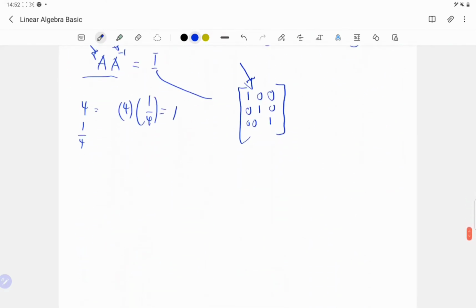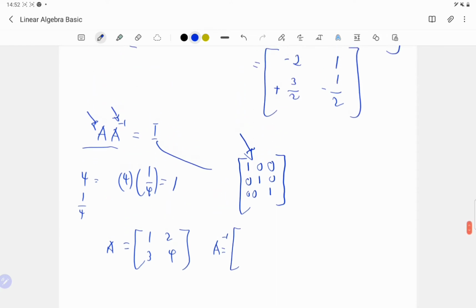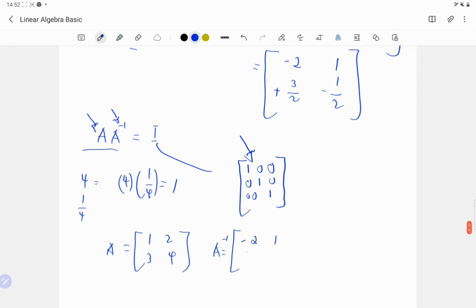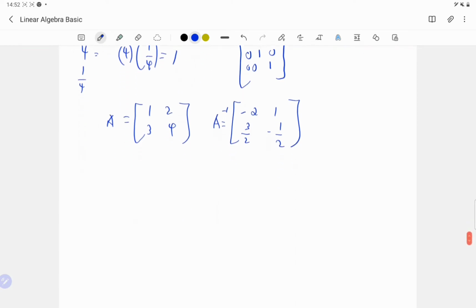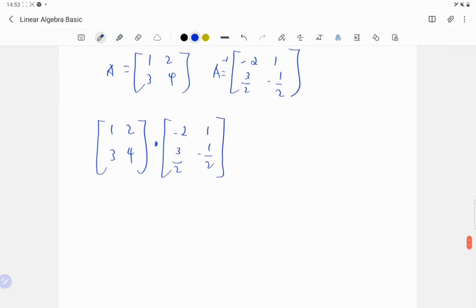Our A is 1 2 3 4. The inverse of A is -2 1 3/2 and -1/2. Let's do this. 1 2 3 4 times -2 1 3/2 -1/2. Remember your matrix product operation. Let's do that.